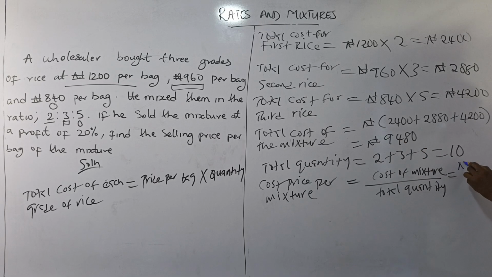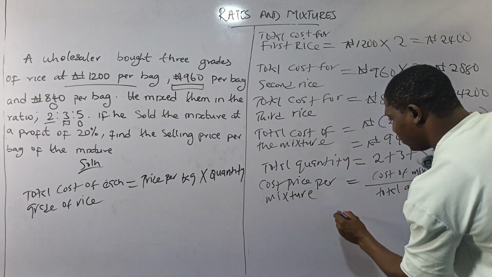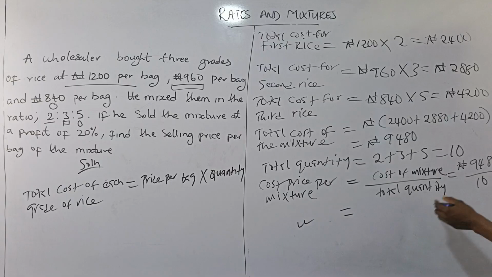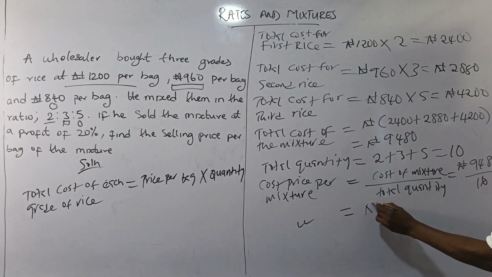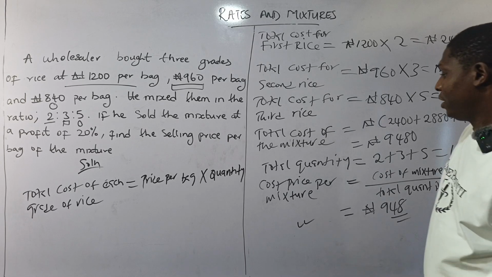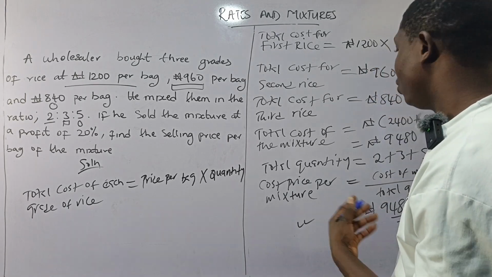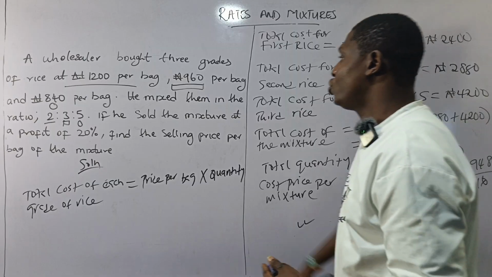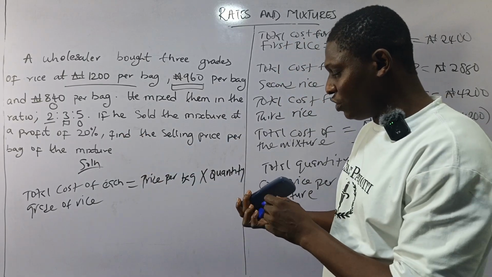Cost of mixture here is 9,480. Total quantity is 10. So our cost per mixture will be equal to 948 naira. Now we've gotten the cost per mixture. We also need to know 20% of the cost of the mixture.